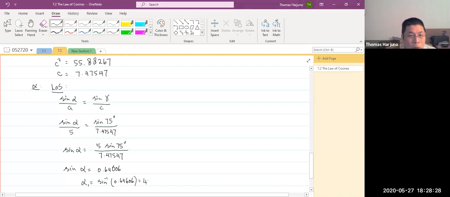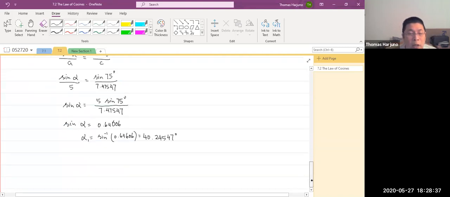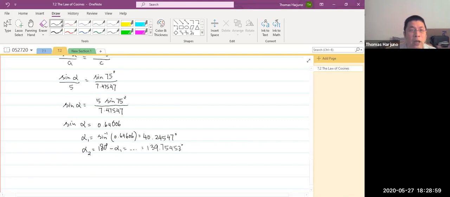So alpha 1 is the sine inverse of that number. That's 40.24547 degrees. And because sine is positive in 2 quadrants, I will look for the angle in quadrant 2 also, even though I know I will cancel it later. That will be 139.7545 degrees, but I will cancel it. No, it's not applied.